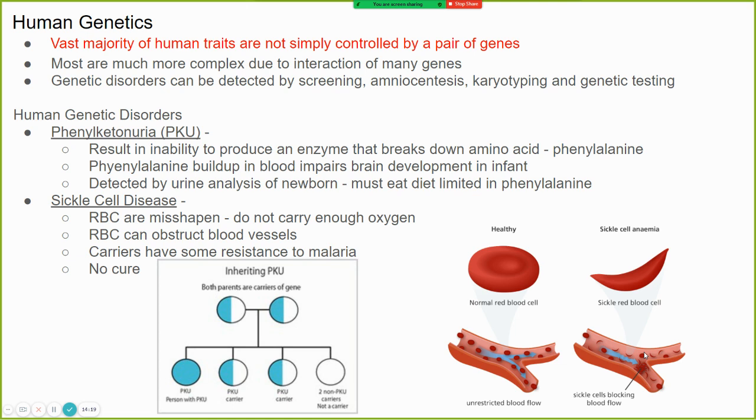There's not a whole lot of things where we can say, my parents had this characteristic, so I'm going to have this characteristic. Most human traits are more complicated. They're controlled by many different genes, or there are many alleles associated with them. So we don't usually do a Punnett square for a characteristic of a person.